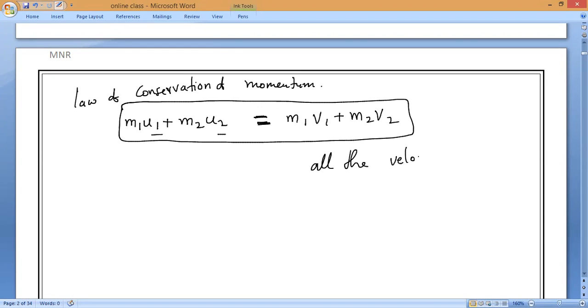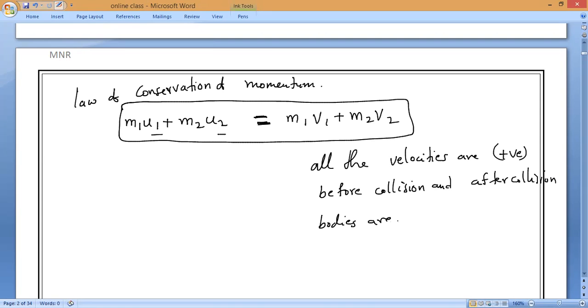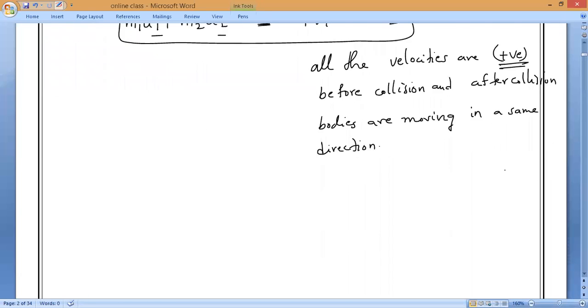All the velocities are positive when, before collision and after collision, the bodies are moving in the same direction. Positive or negative? All the velocities are positive. Keep it in mind always.